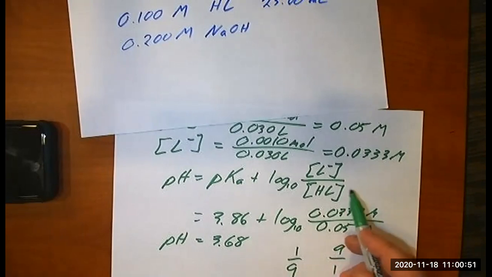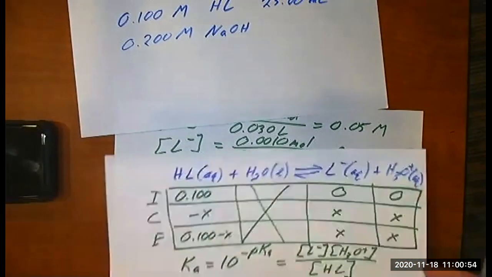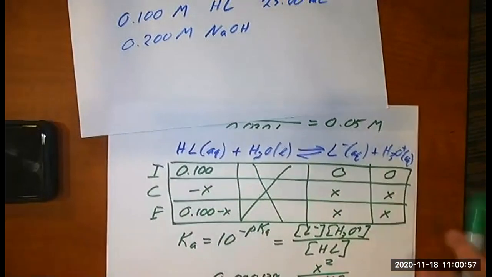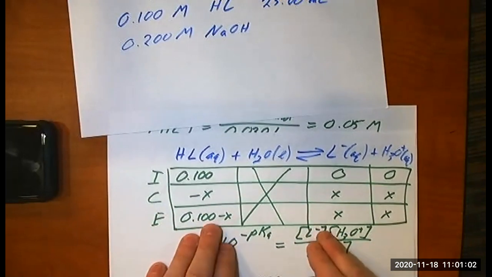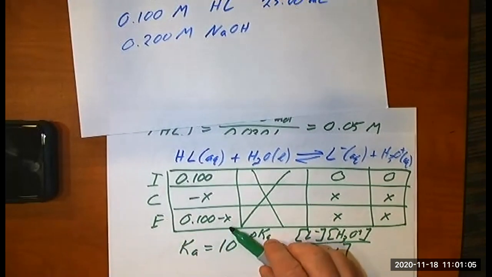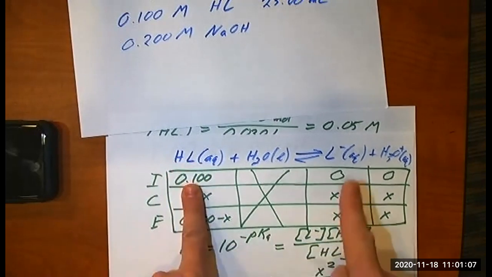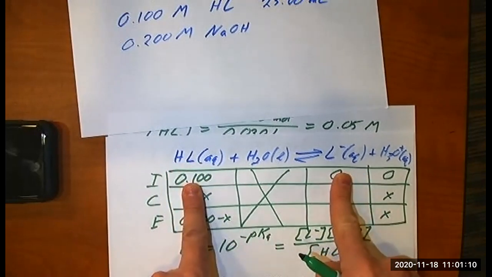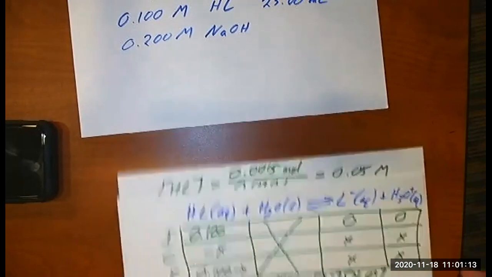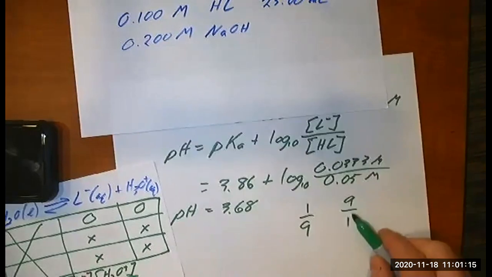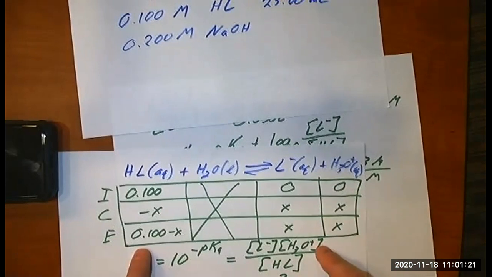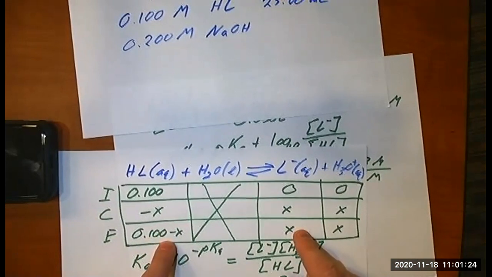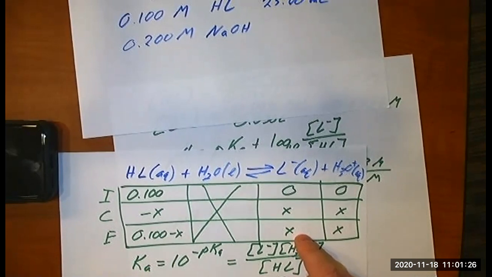The reason is that this equation assumes that when we do an ice table with shifted initial conditions, the X's are going to be small compared to this concentration and this concentration. If we are outside of this range, then the math works out in a way where those tend to not be able to be ignored. And so we do need to use the ice table and then write it out in its full quadratic equation glory.